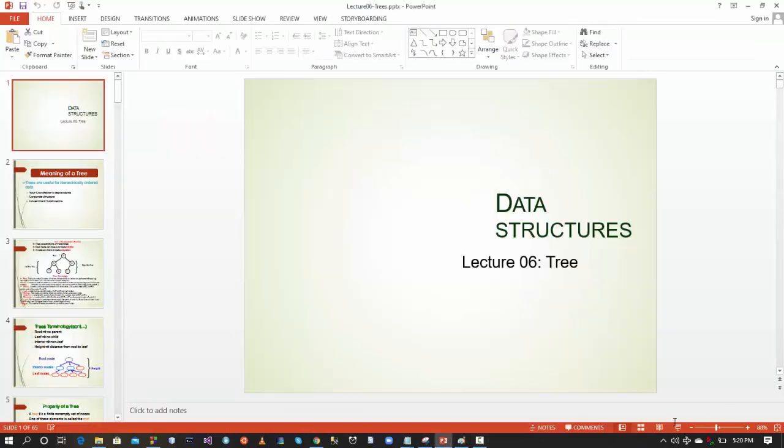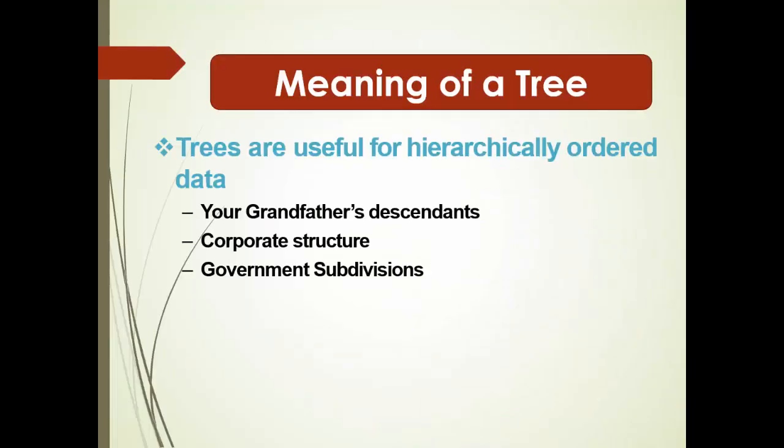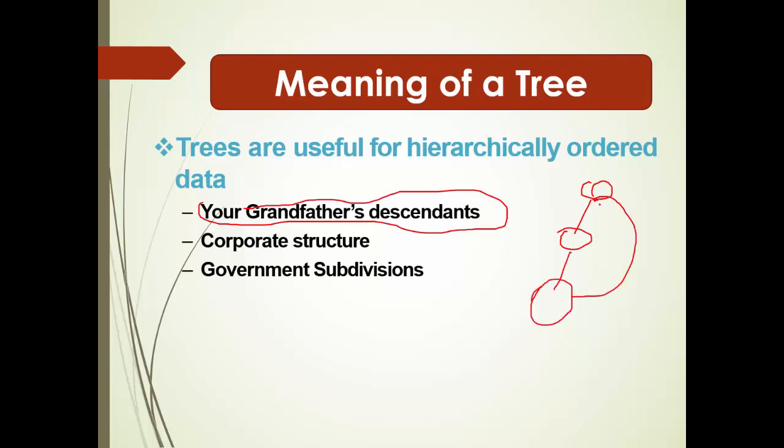Usually trees are being used when you want to build a database of a grandfather's descendants. When we say here we have a grandfather, and then what are the children and who is the descendant of the other grandfather.